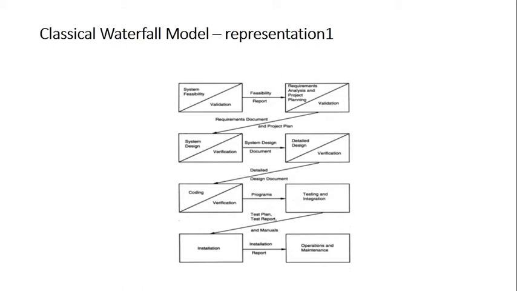While verification is something we carry out after each phase to verify whether the task assigned for that particular phase is completed properly or not, or within the given constraints or not, right? So you will find why validation is written here, that will be much clearer with the help of a V model that we will do later.